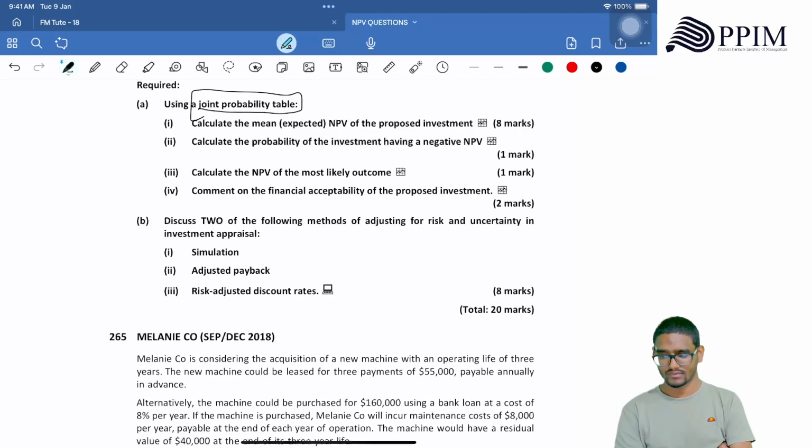If risk increases, payback will have to be shorter, to ensure cash flows are obtained closer to the investment date.